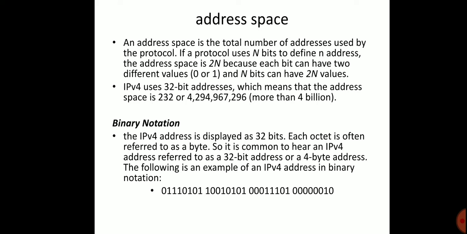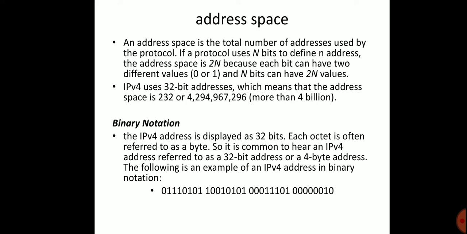The Internet Protocol version 4 uses 32-bit addresses, which means that the address space is 2^32, or 4,294,967,296, that is more than 4 billion.